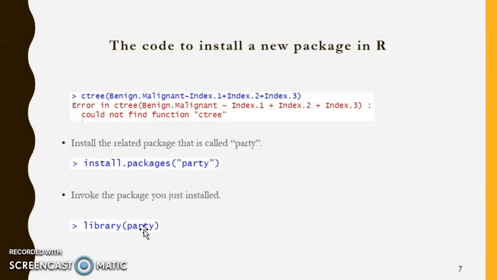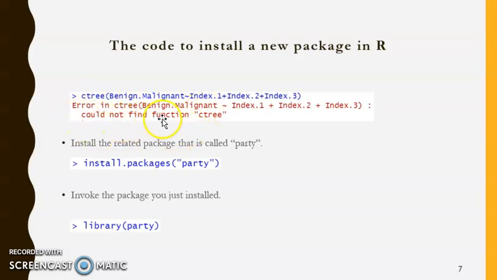I already have the package in my R Studio, but I'm going to show the process to you. But see here, I have put for you a code that belongs to this package. If I want to run this code before the package has been installed, it gives me an error message.